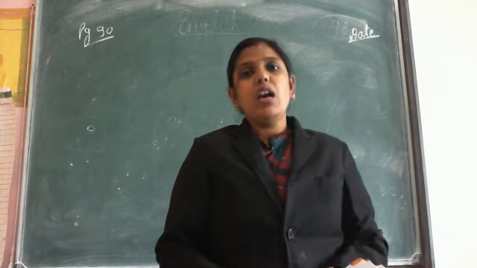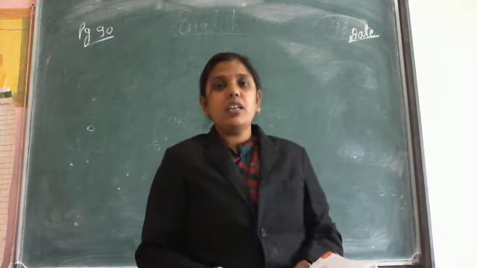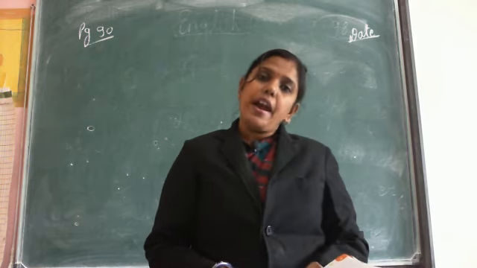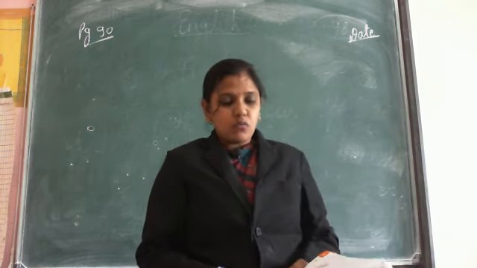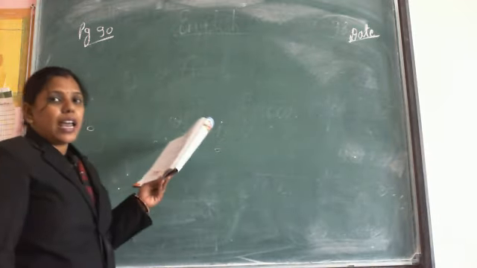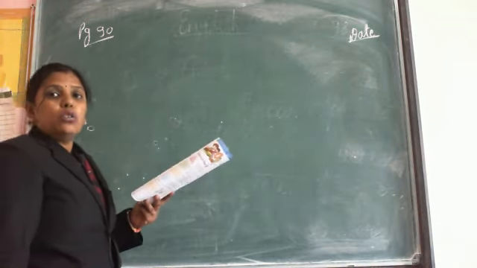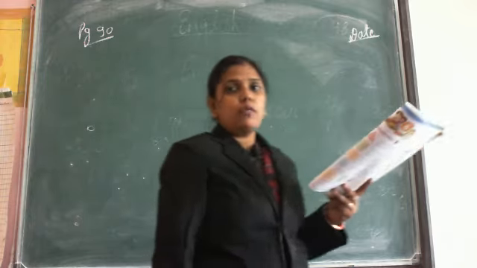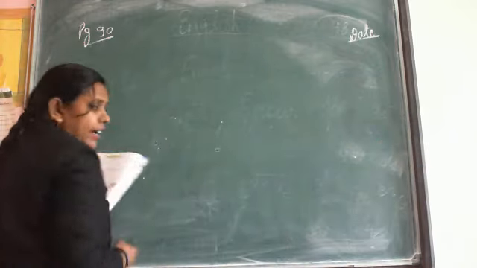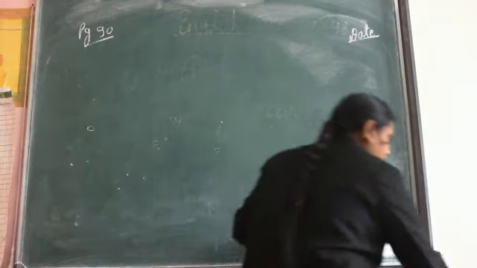And whenever we find anything all together, that means we have to perform an addition. So first we will write the question. Start writing with me. Here I am writing the question on the board. You copy the question in your notebook. Write in good handwriting and write clearly.